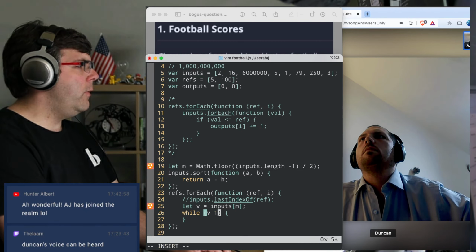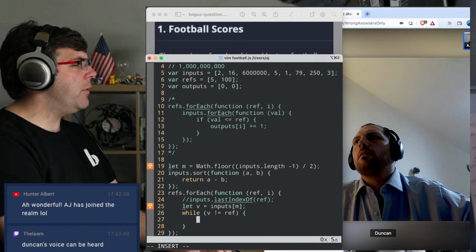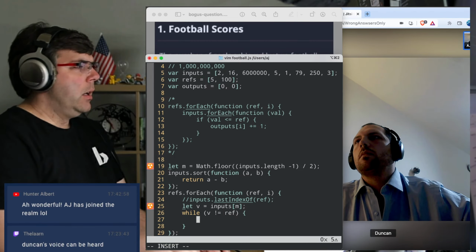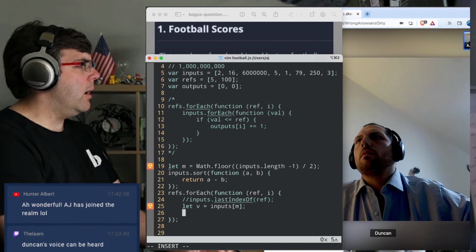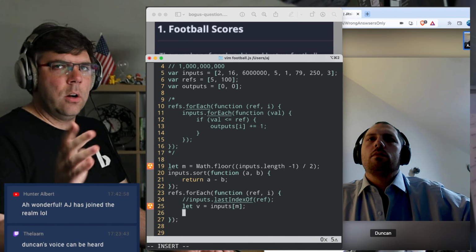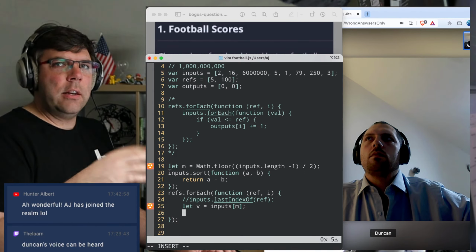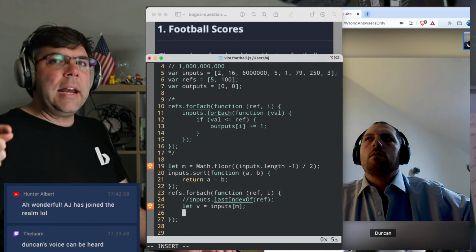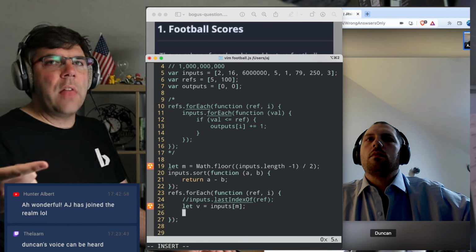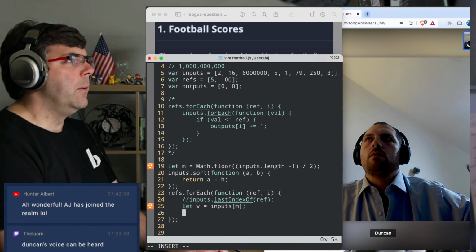So while V is not equal to ref, that might not even be true. I'm going to have to iterate through, hold on, let me back up. I'm going to have to iterate through it. I'm going to have to say, if this value is less than, then move right. And if the value is greater than, then move left. And if the value is the same, then move right until there is a value that's not the same, which is not likely to happen often, but it is going to be one of those edge cases.